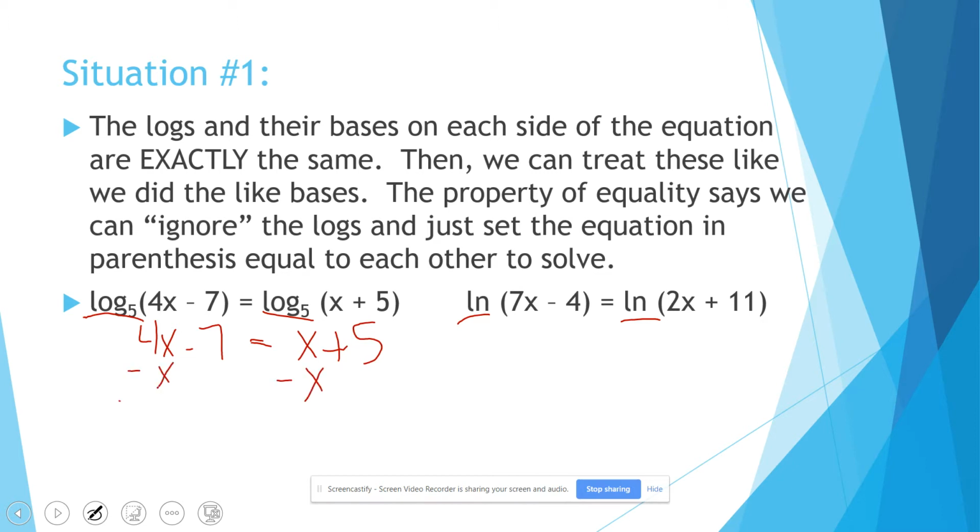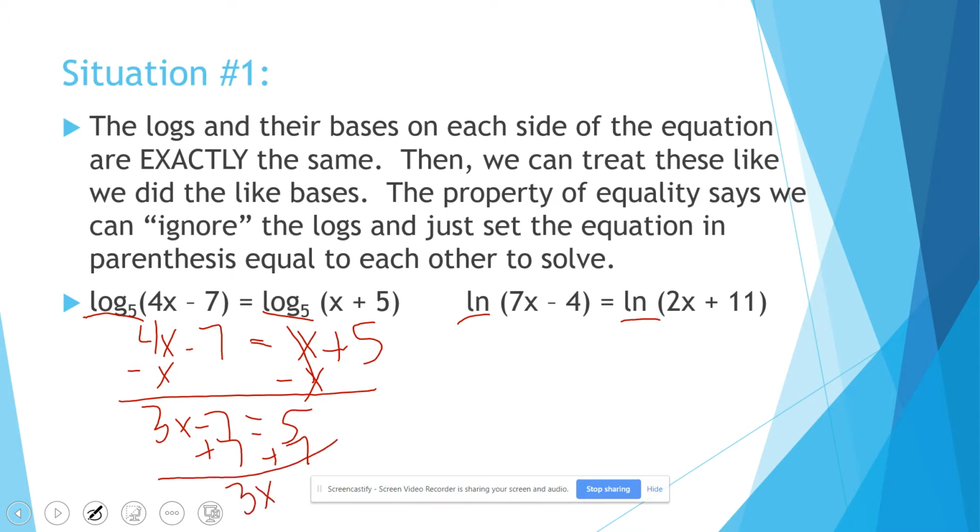We'll subtract x from either side. I'm going to add 7. So we have 3x is equal to 12. And then divide by 3, and we get x is equal to 4.